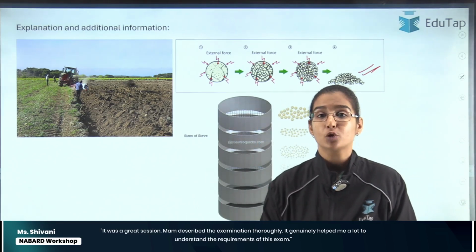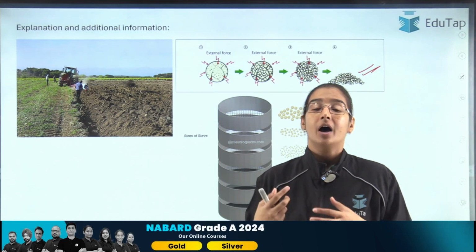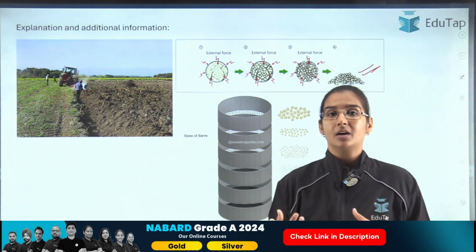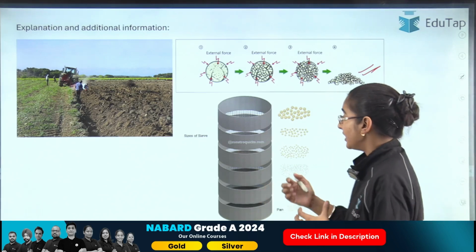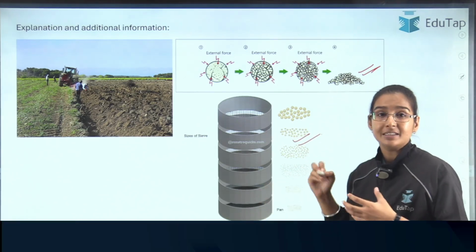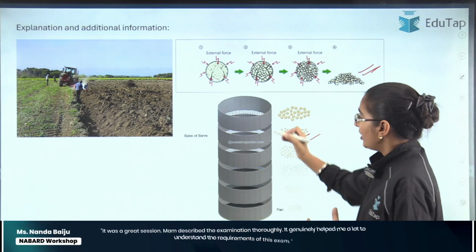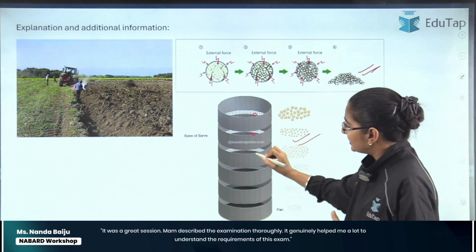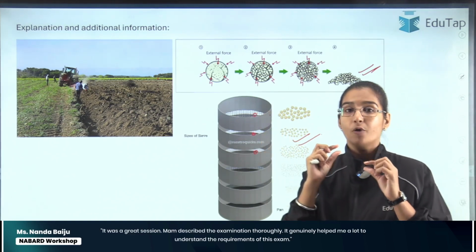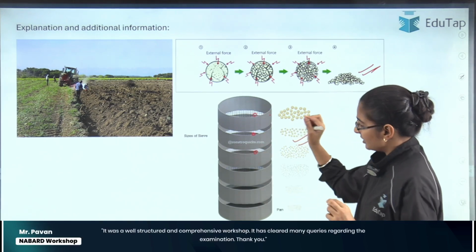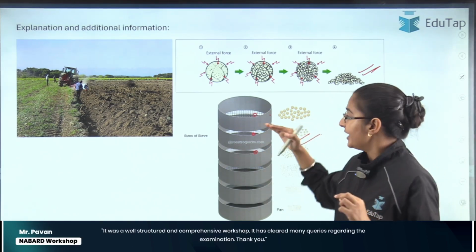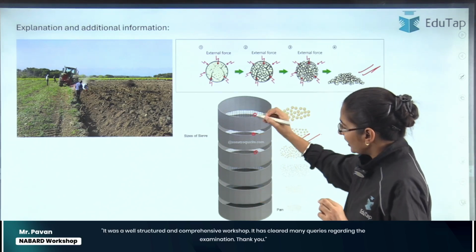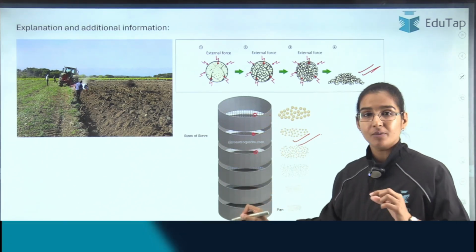And how is soil pulverization checked? How do we check the particle size distribution? It is done through sieve analysis. In the sieve analysis, we use sieves with different sieve holes. The sizes of the sieve holes are different at different levels, so it keeps on getting narrower as we move downwards.